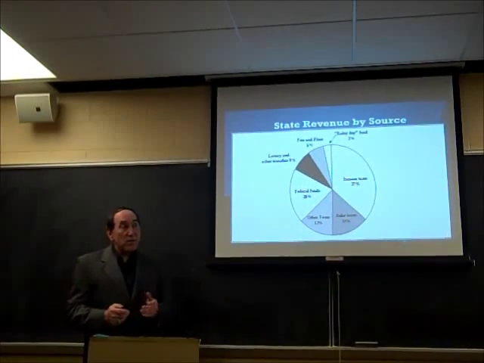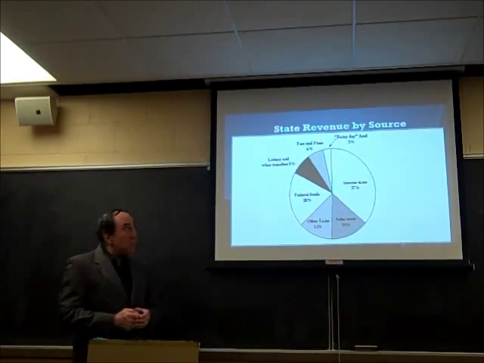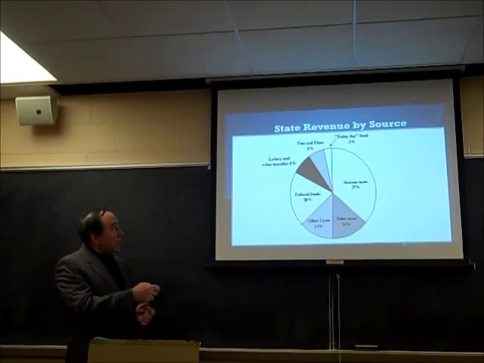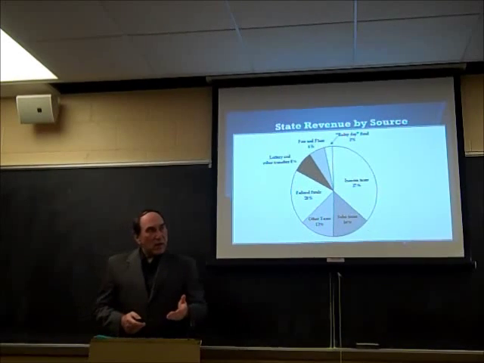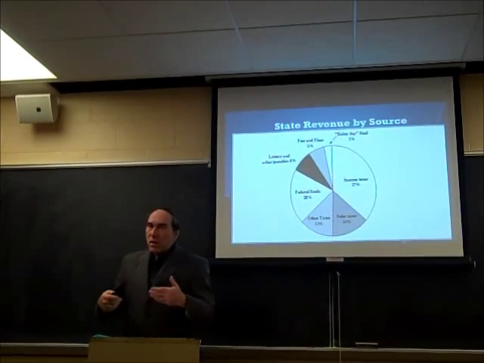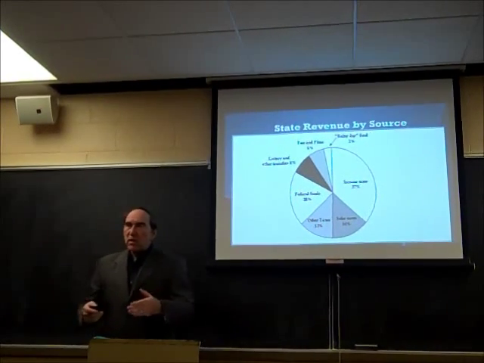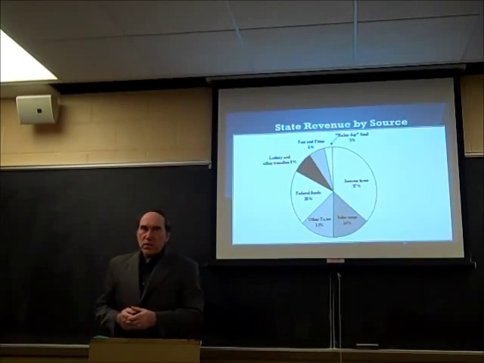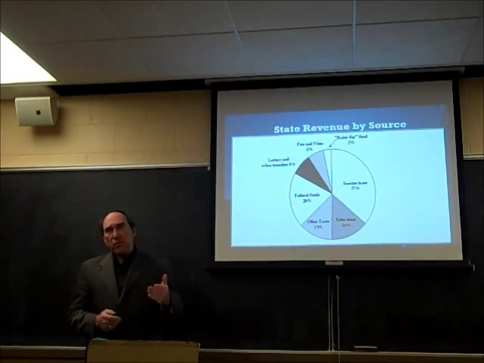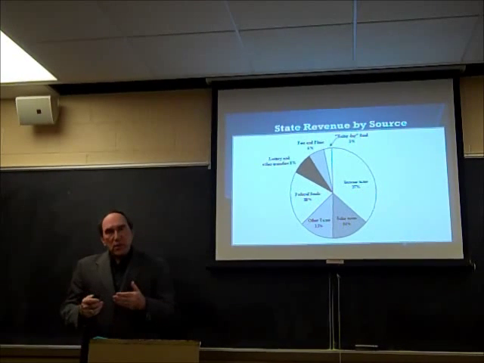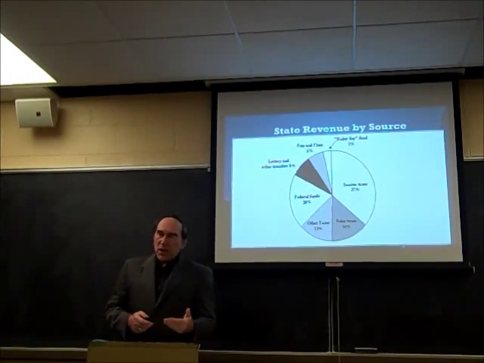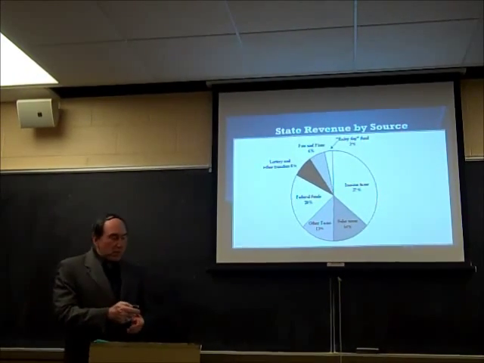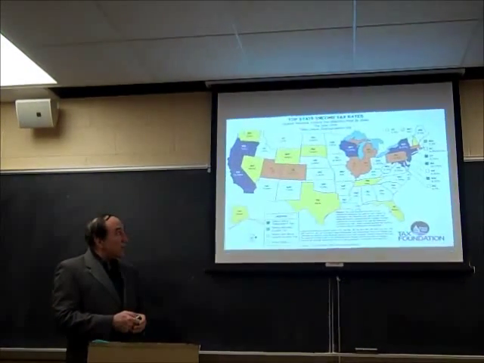It hasn't happened yet, and there's, of course, politics being played there. Fees and other fines. Well, you saw the watercraft fee. You saw those different fees that are provided to the state, for hunting, for example, et cetera, et cetera. Once again, it's going to change from state to state depending on their determinations.